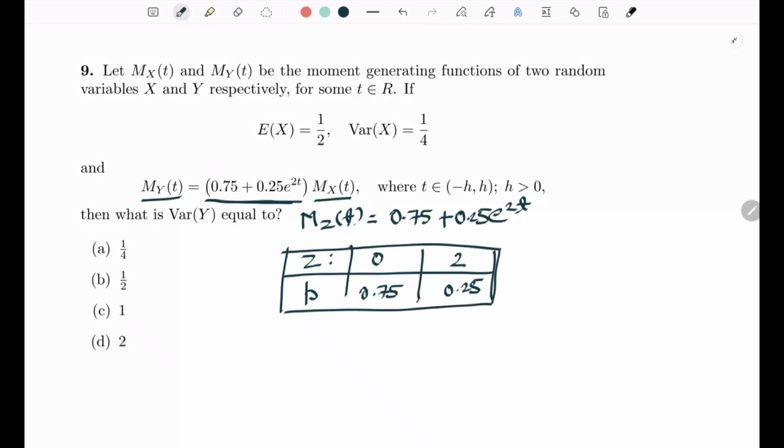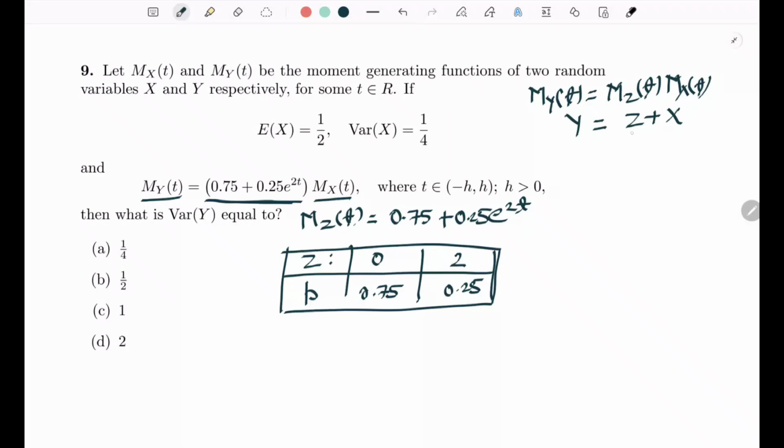So if this MGF of Y is the product of two MGFs, that means Y is the sum of two random variables Z and X, and Z and X are independent. Why?